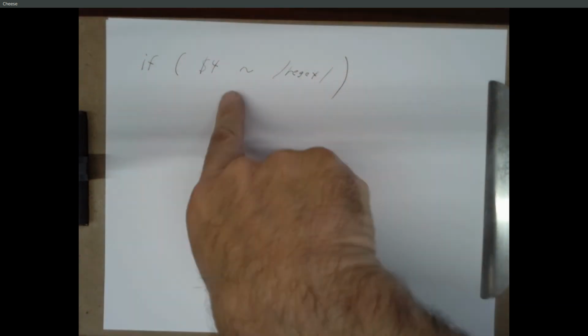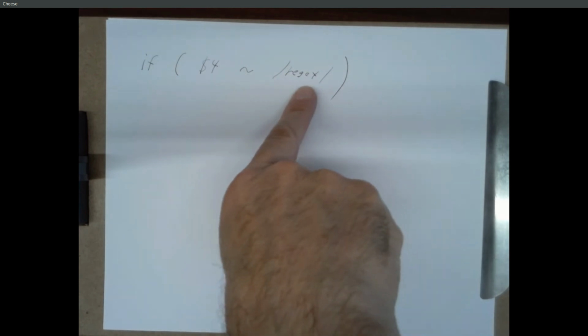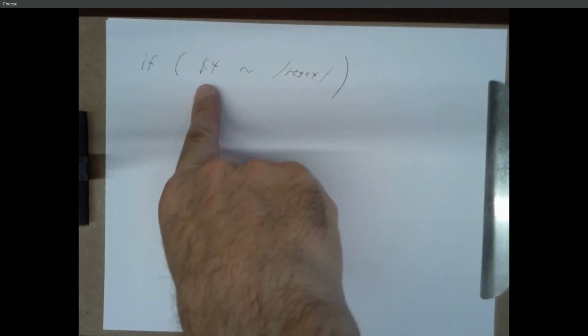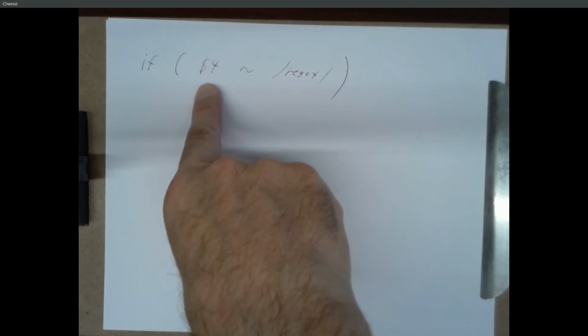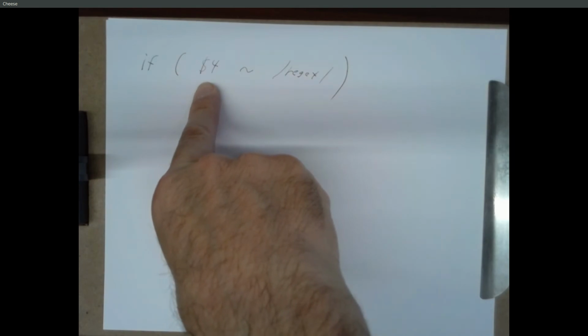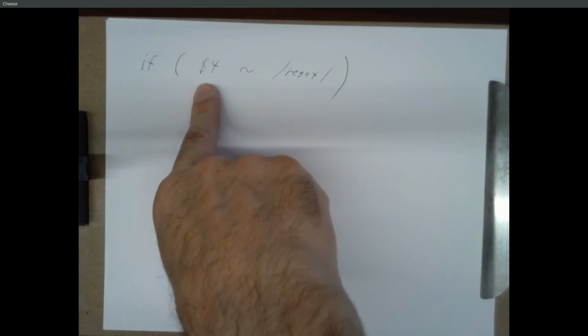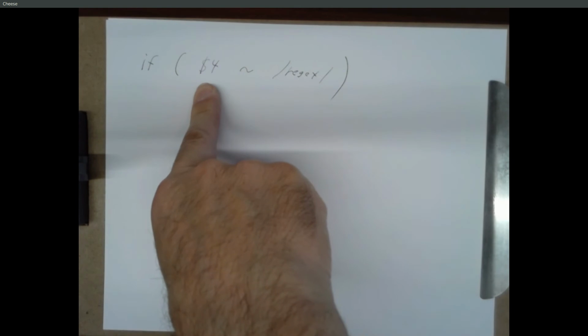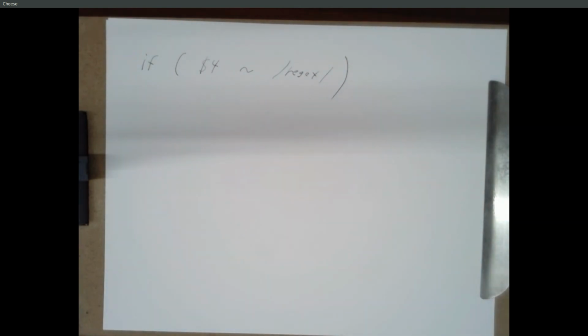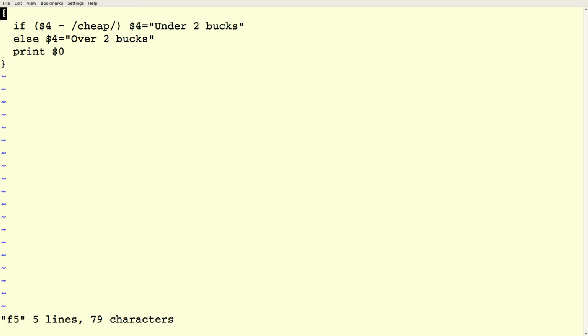Okay, the tilde means see if this regular expression is found inside this thing on the left. This is something you find in Perl if you ever programmed in Perl. It shows up on regular expressions like this. So we can put in something more than just a particular pattern. We can put in a string, or we could put in a whole regex.